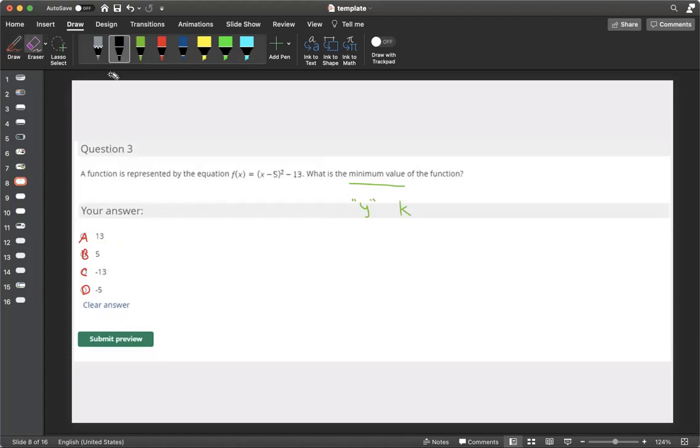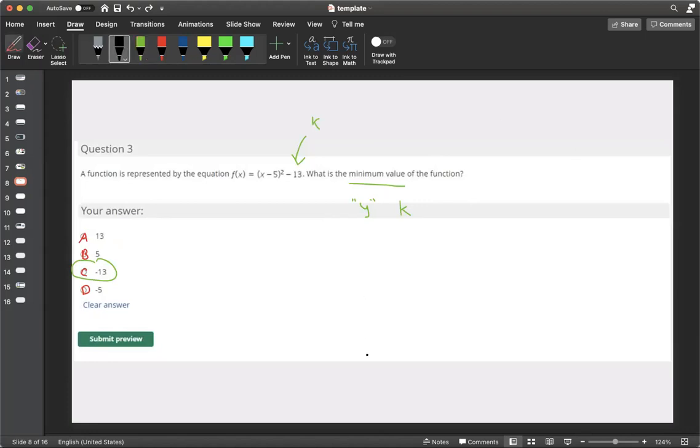We could use a formula, but we notice that this is in standard form. And this, that's my k. So we don't have to do any math. My minimum value is a negative 13, simply because we know this value here is always going to be my k.